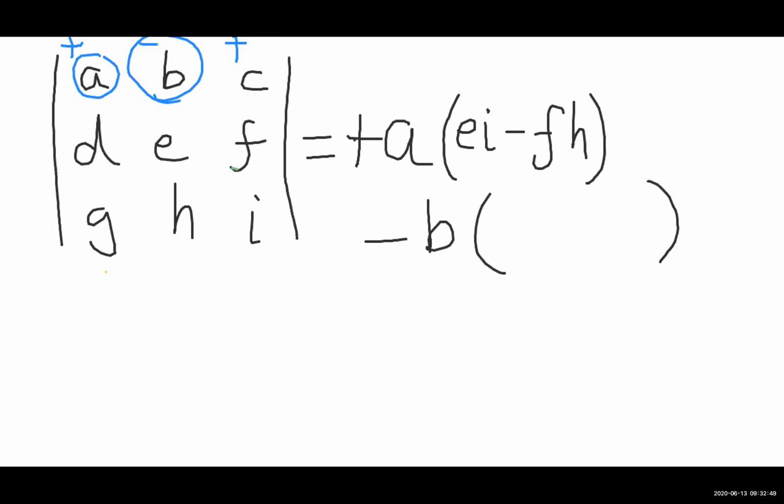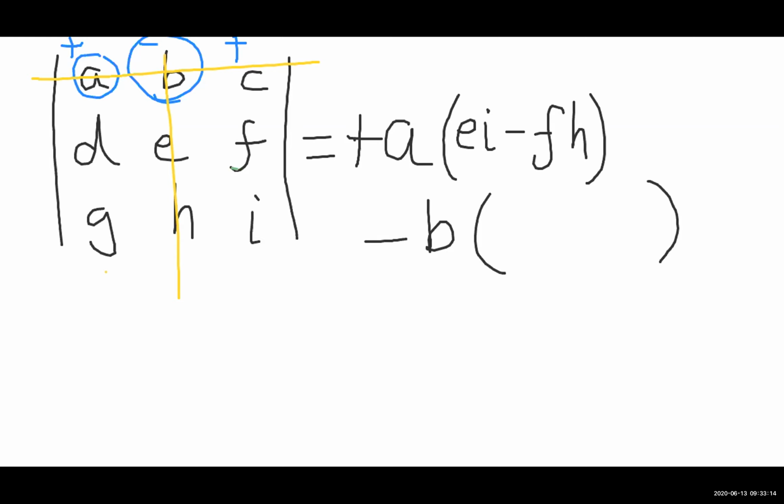And again you draw a vertical line and a horizontal line through your chosen element. And once you draw the vertical line and horizontal line through the element that you have just written, forget about the elements which lie on the lines that you have drawn.